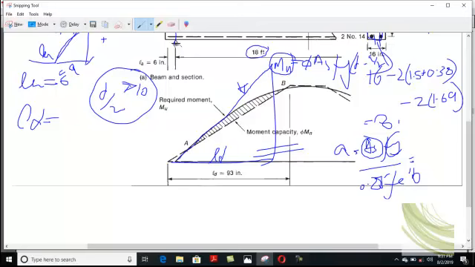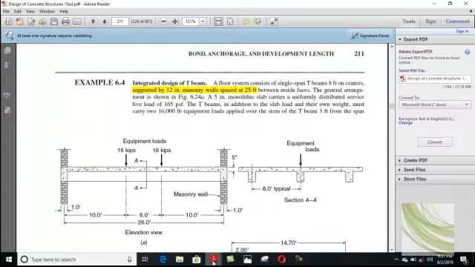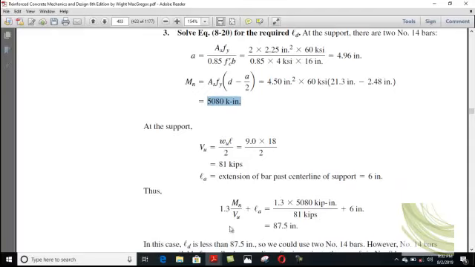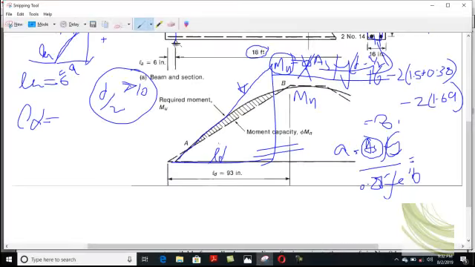The moment capacity diagram is constructed on the basis of this formula. So phi will be dropped, A is Fy D minus A over 2, you will get Mn, which comes out to be 80 kips inch. Clear?